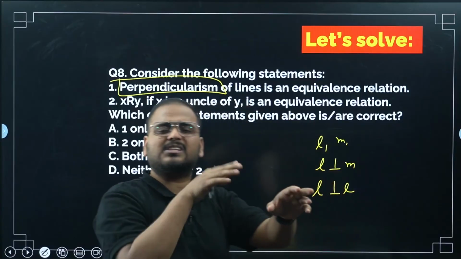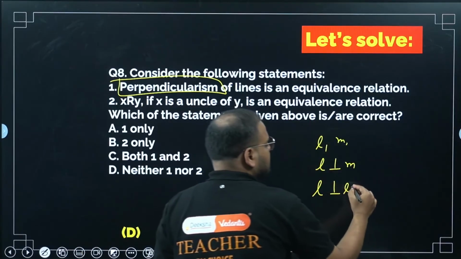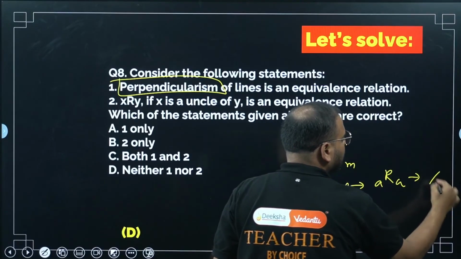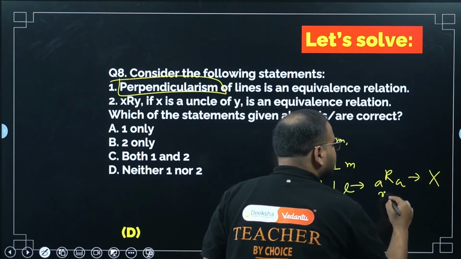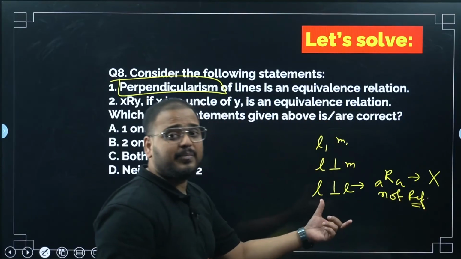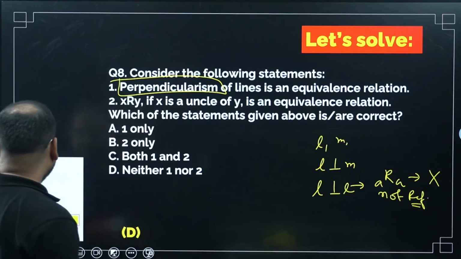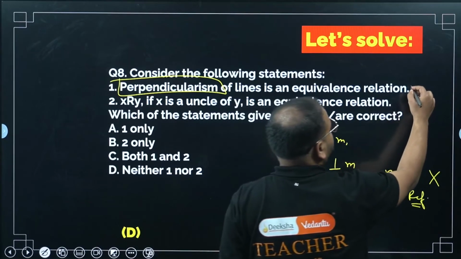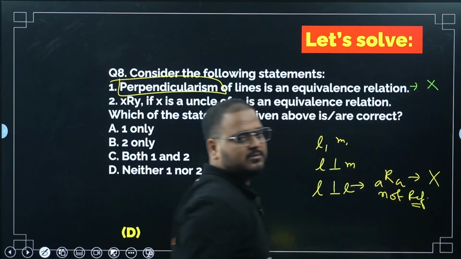Not possible, because it's the same line. So ARA is not true, means not reflexive. If it is not reflexive, it cannot be equivalence. So the first one is not equivalence, so not true.